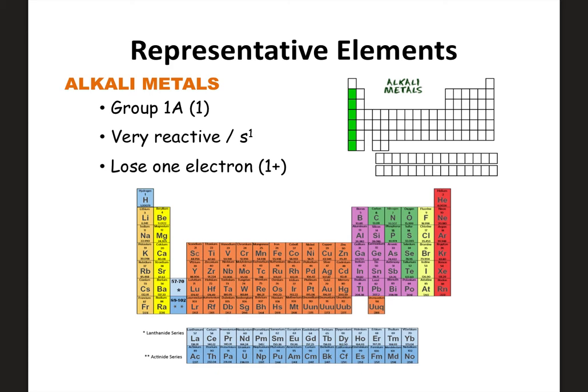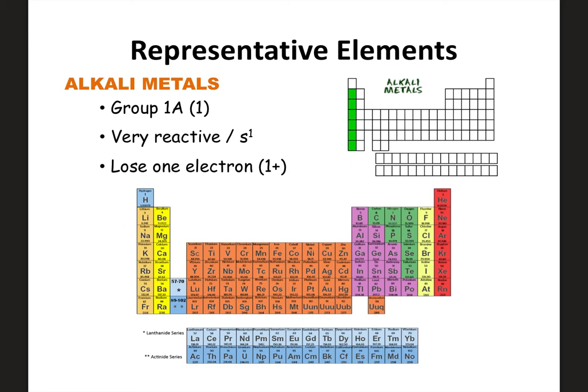So what we're doing now is going through the representative elements here. These are obviously metals, but we're talking specifically about the column here. This is a group that's in the representative elements, if you remember how we just grouped it. So these guys are in group 1A or group 1, if you're numbering left to right, 1 to 18. They are very reactive. Their electron configurations would all end in s1.